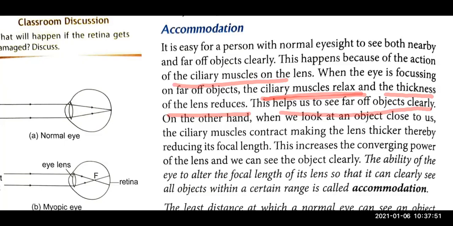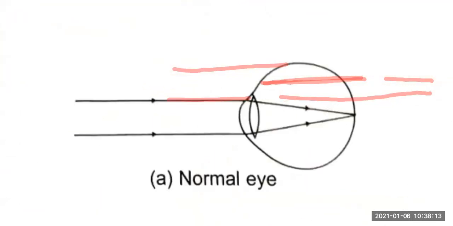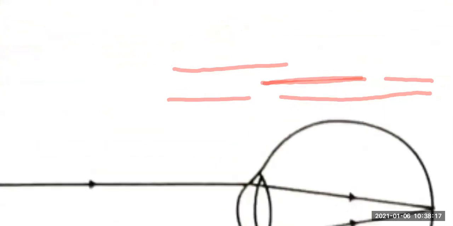So this, children, you can write in the form of a flow chart. Let me help you. You can underline this part and make a small flow chart of 2 lines.